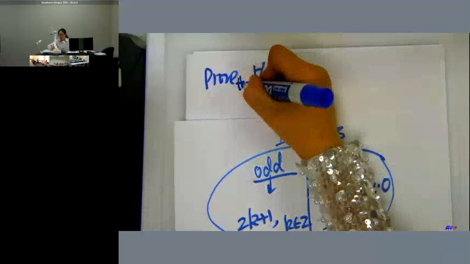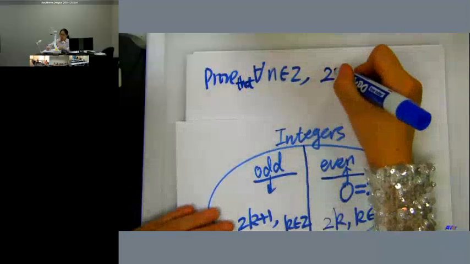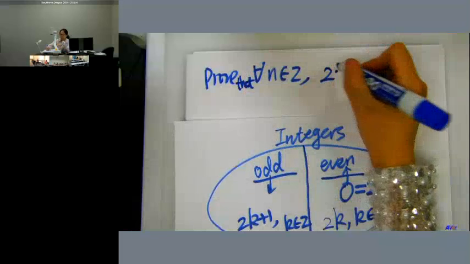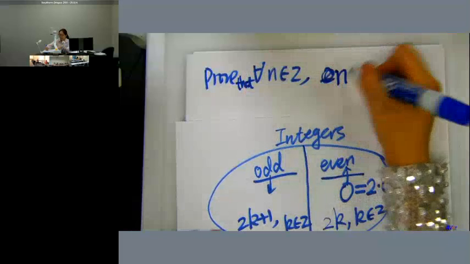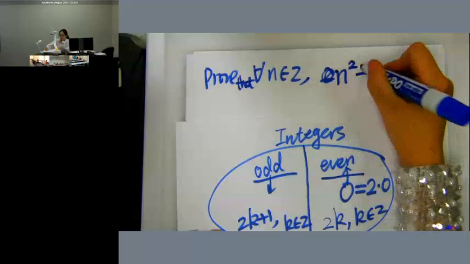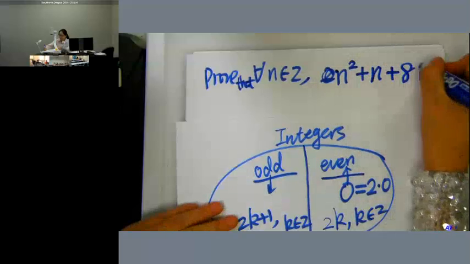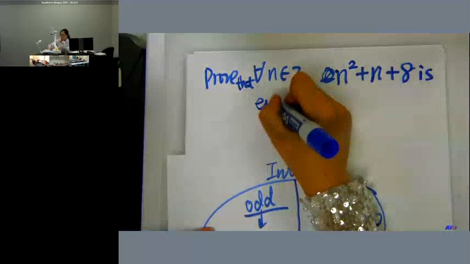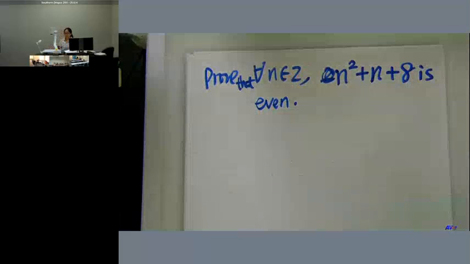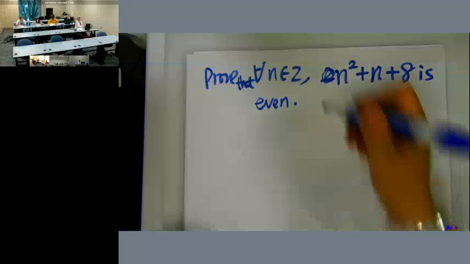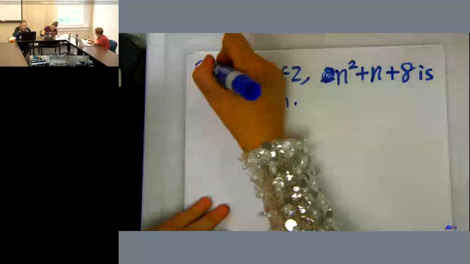Prove that for any integer n, n squared plus n plus 8 is even. This will be our example 1.